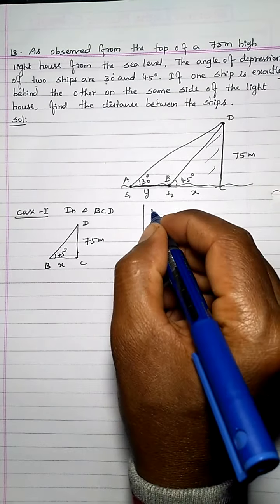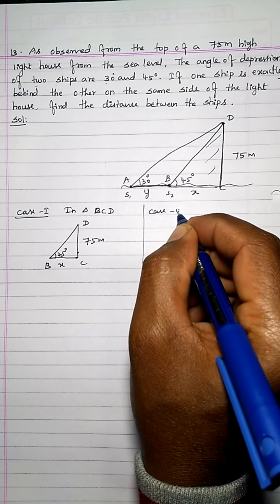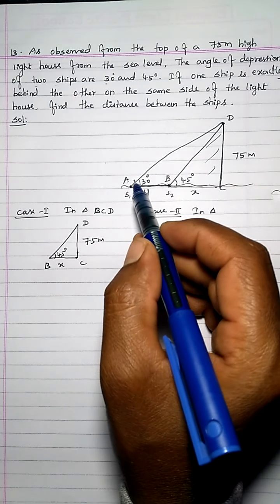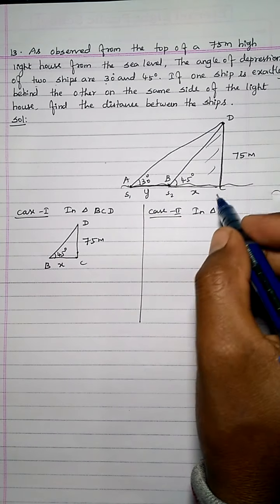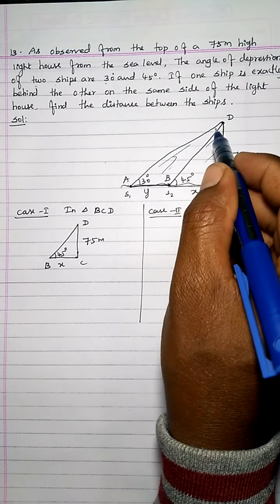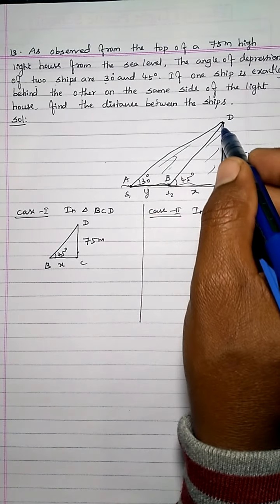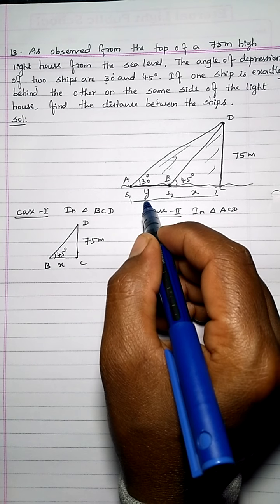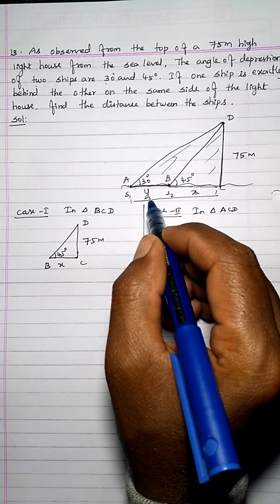Okay, let's take case 2. In triangle ACD, don't take only this as the triangle because this is not the right angle triangle, so you have to take the whole part. When you take the whole part, then the base will become x plus y or y plus x.